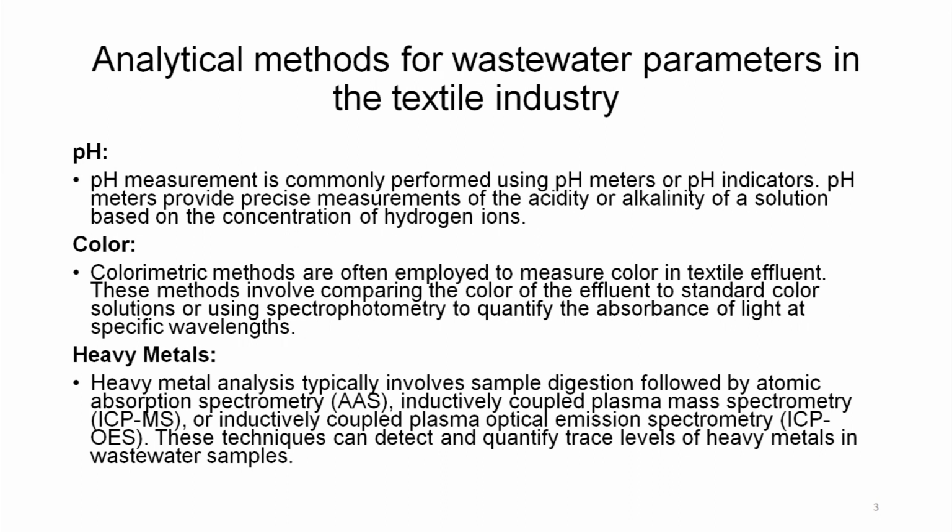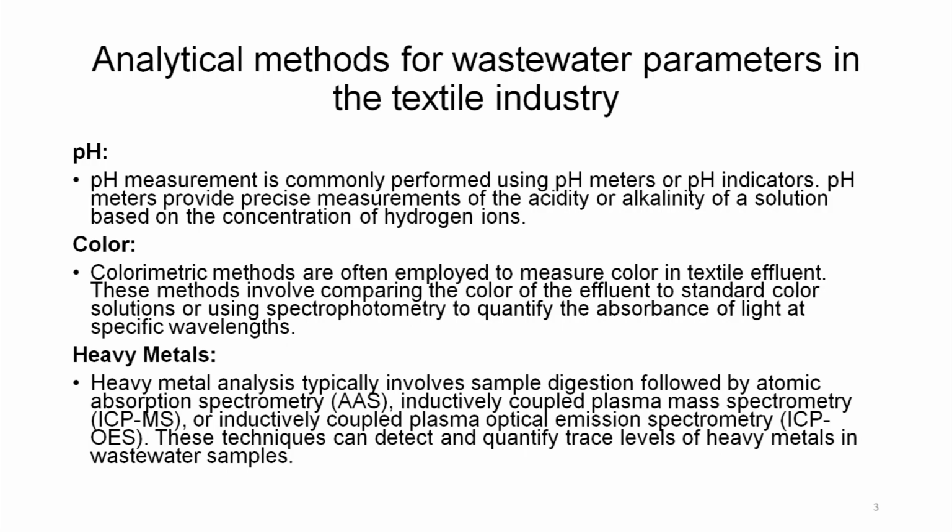pH measurement is commonly performed using pH meters or pH indicators. pH meters provide precise measurement of the acidity or alkalinity of the solution based on the concentration of hydrogen ions.